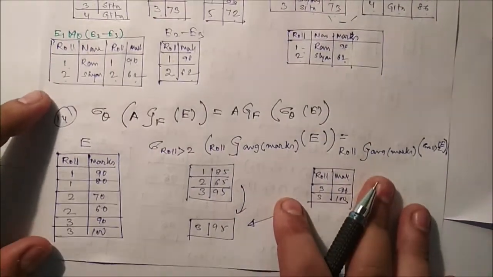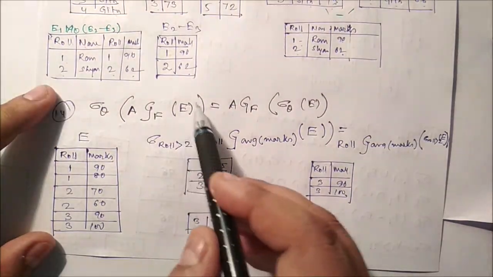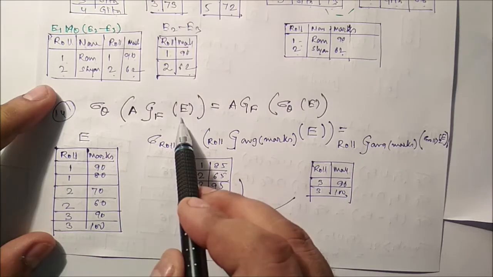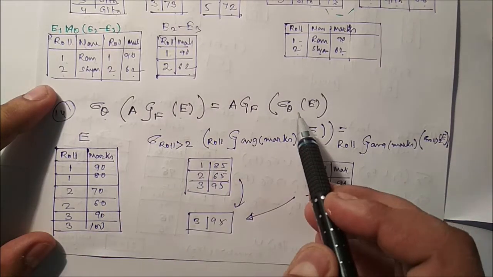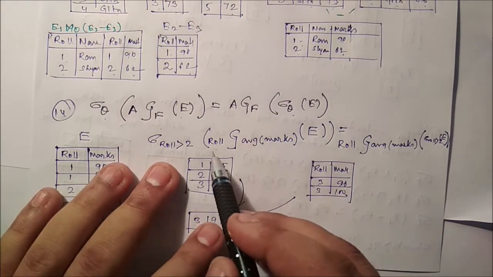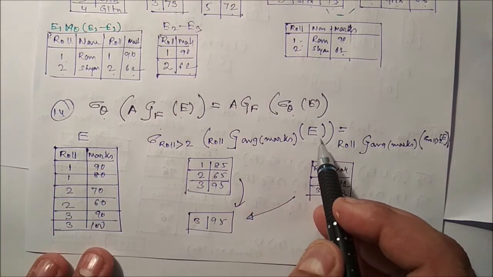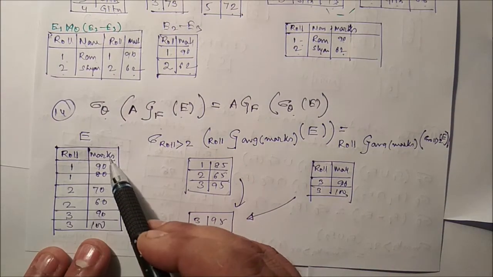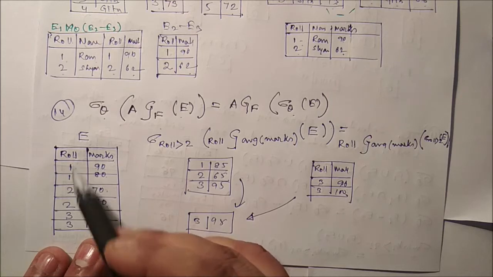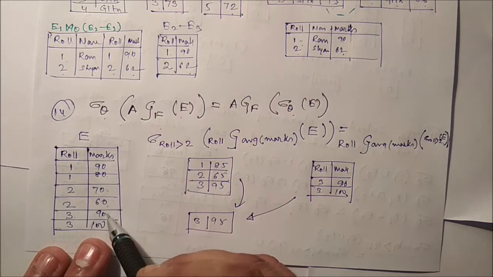Now we can see here we apply the aggregate function. First apply the aggregate function, then selection, but here we apply first the selection condition, then the aggregate function. We have one table where roll number and marks are there. Roll number 1 with marks 90 and 80, roll number 2 with 70 and 60, roll number 3 with 90 and 100.